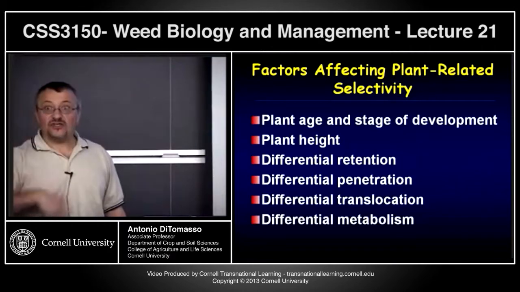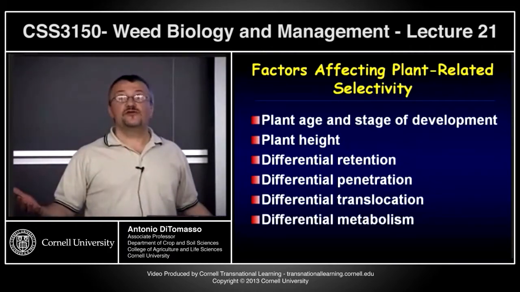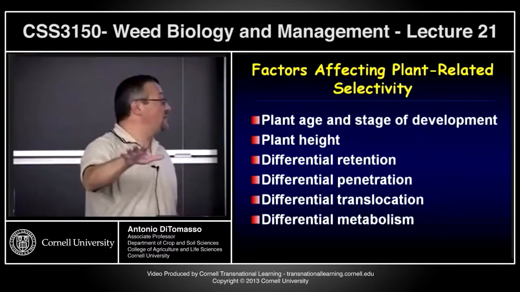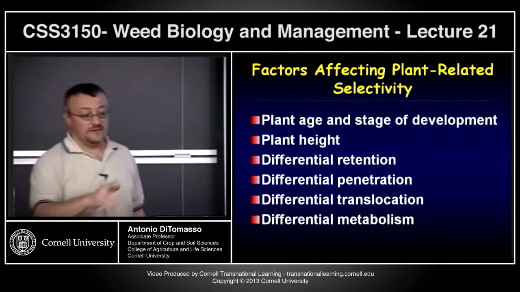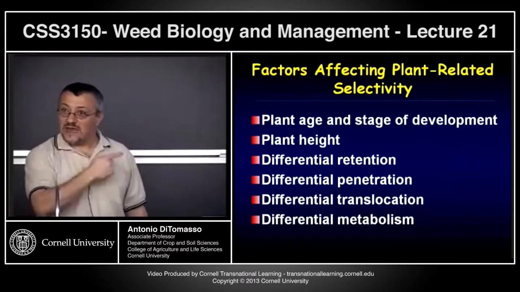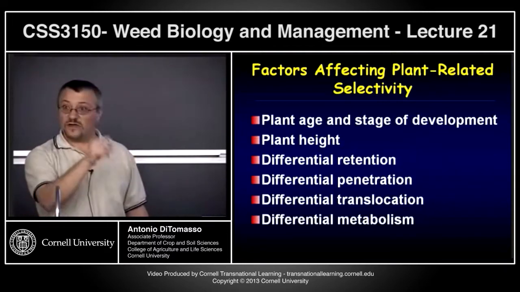They just don't translocate it as easily, and thus they're not as affected. But again, if the dose is increased, then you're going to get an effect. Okay? And I'll say more about this. This is the main reason that we have selectivity. These are important. I can give you examples.